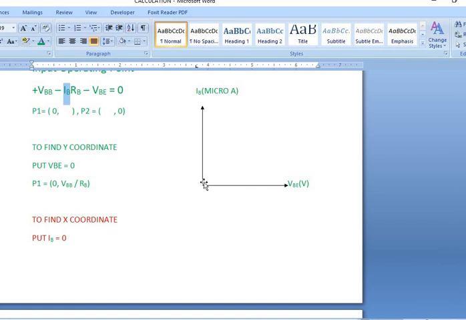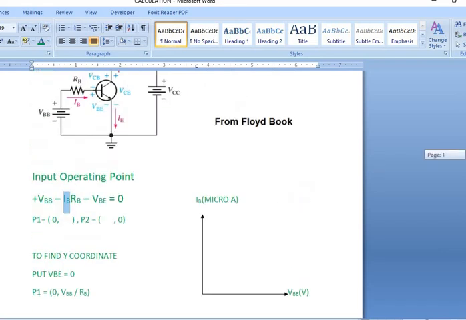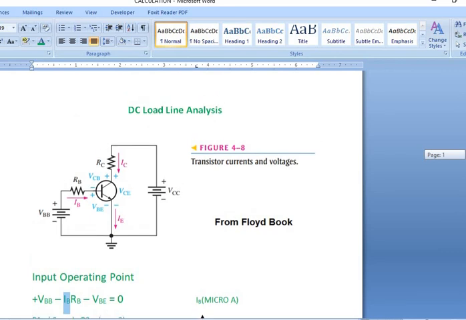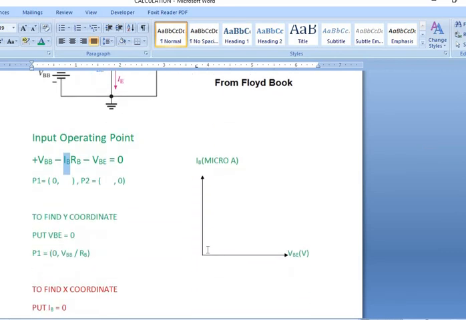So till 0.7, the line lies on the horizontal line, and then it abruptly moves into the flow of the electrons or the current, and current suddenly rises. So this is what we will discuss in the next class, that how the Q points or the operating points can be obtained through this graph.